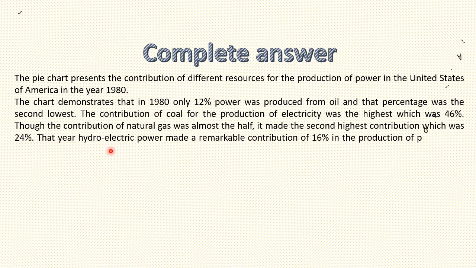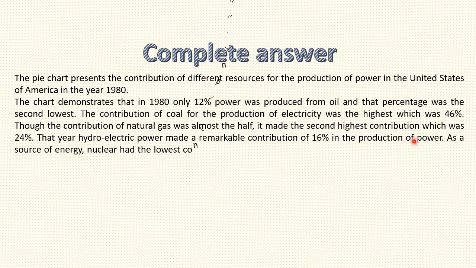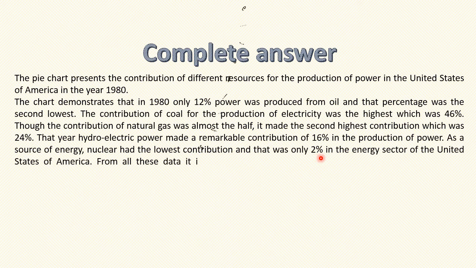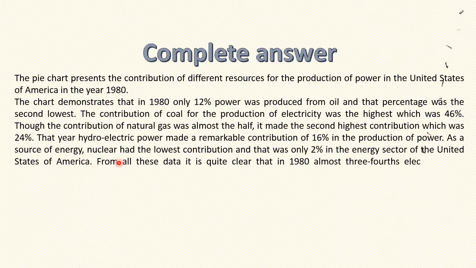That year, hydroelectric power made a remarkable contribution of 16% in the production of power. As a source of energy, nuclear had the lowest contribution, and that was only 2% in the energy sector of the United States of America.